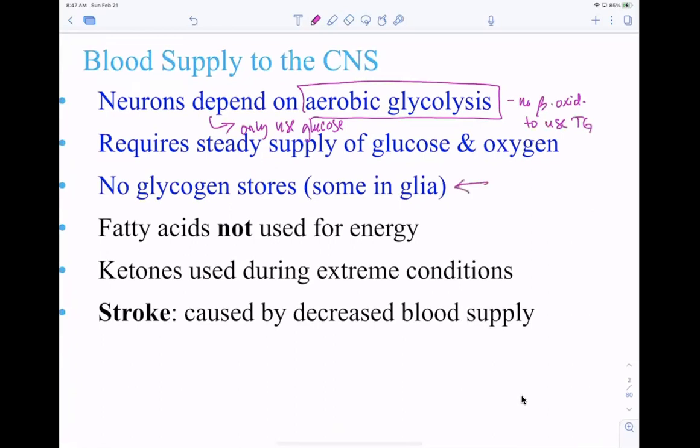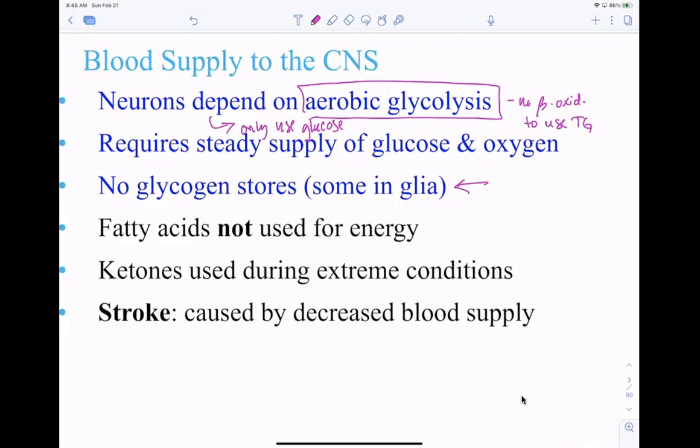There are no glycogen stores, a little bit in some glial cells, but really none for the neurons. And so that's why it's imperative that you keep a steady stream of glucose for your nervous system. And that is really the job of the liver. Skeletal muscles each store their own glycogen stores, but the neurons are relying on the glycogen stored in the liver when blood glucose levels get too low and you can't eat or drink any kind of carbohydrates or sugars in.